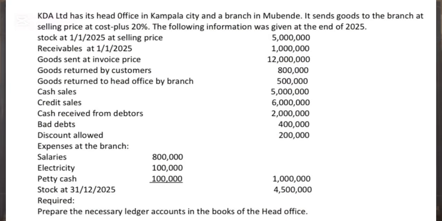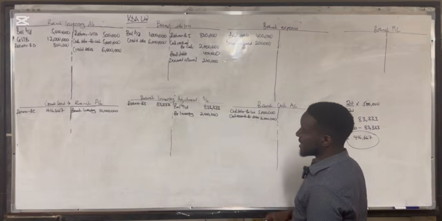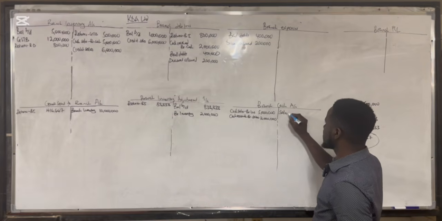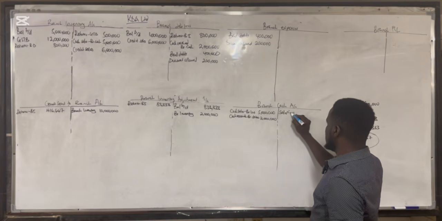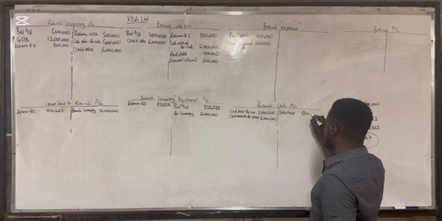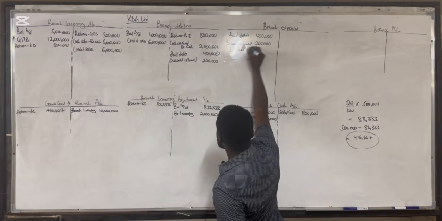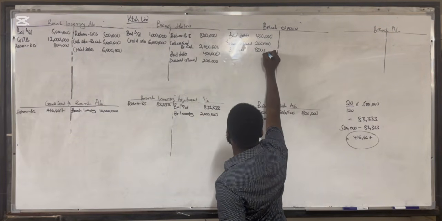Then they are telling us that expenses at a branch, we have salaries of 800, electricity of 100, and petty cash. Now all these are expenses, but then they are being paid out of cash. So you have salaries which were worth 800. So you come and debit the branch expenses account, size of 800,000.